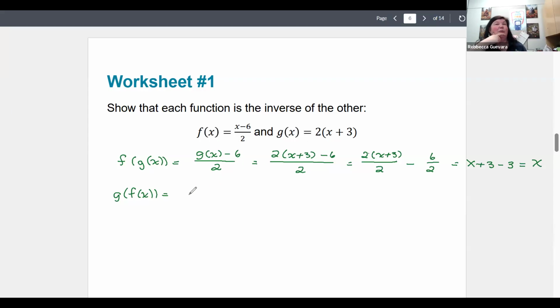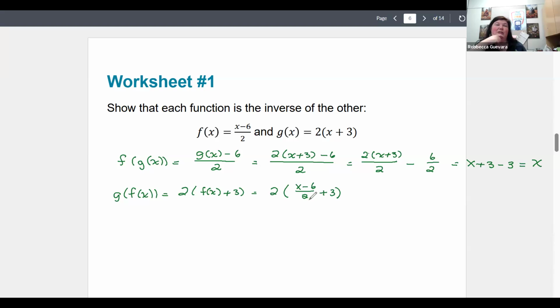Now, if I go back and do it the other way, we have g of x is going to be my outside function, so that's going to be 2, and x is going to be replaced with f of x, so 2 times f of x plus 3. We know that f of x is just going to be (x minus 6) over 2 plus 3.